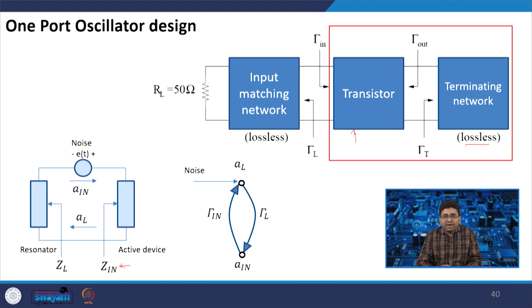In order to get the oscillation, we consider this Z in, which is Z in equal to R in (A, omega), because the input impedance when you see at the active device has a different amplitude; it is a function of amplitude and frequency, that is R in (A, omega) plus j X in (A, omega).